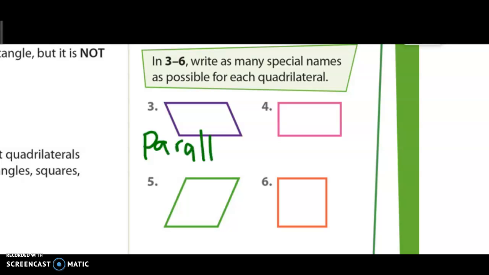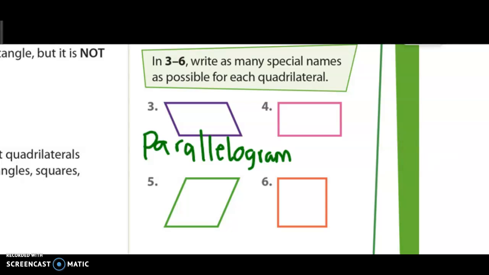It is also a parallelogram. I don't think it would fall under any other category because it doesn't have the right angles to be a square or a rectangle. It has 2 sets of parallel sides, so it's not a trapezoid, and all 4 sides are not the same length, so it is not a rhombus.